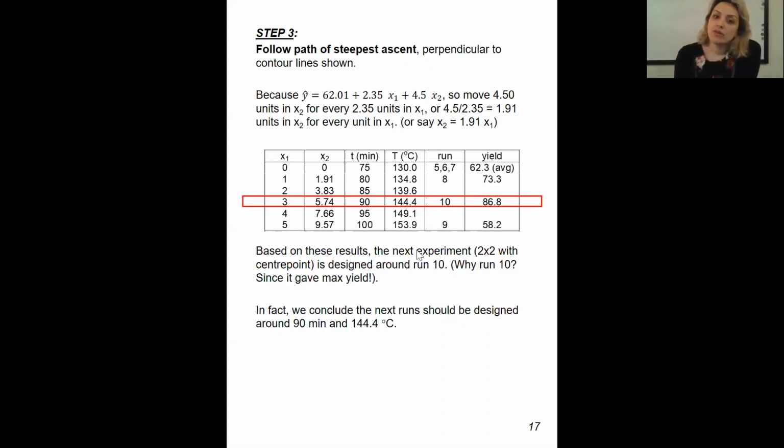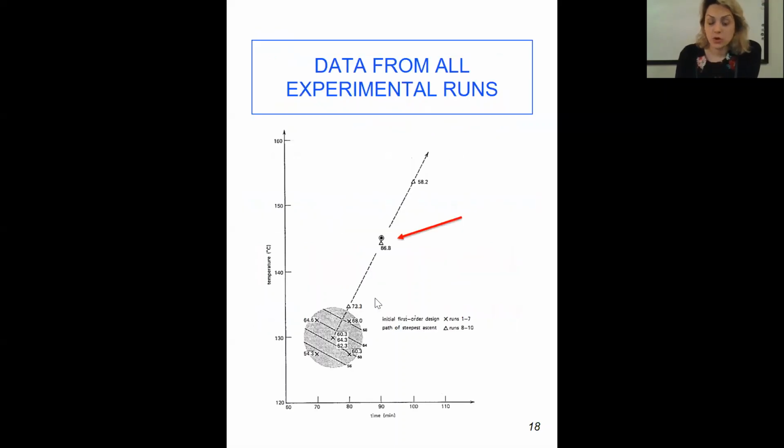So now what I'm going to do is, do you remember run number 1, 2, 3, 4 that we had at the beginning? Right now I want to have those 4 runs, but around the new center, which is closer to my optimum, because with the response surface method we want to find our optimum value. That's the final goal for us.